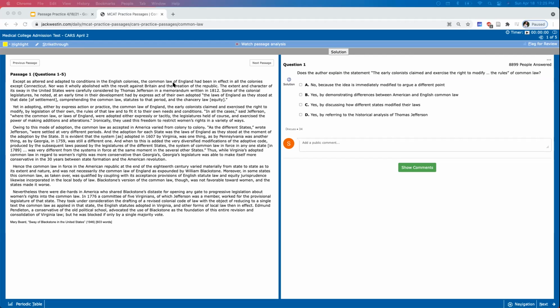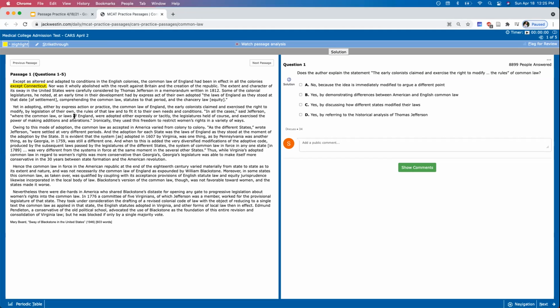So we're talking about the common law in England and how it's affected the colonies, except for Connecticut. It did not affect Connecticut. And then we are introduced to Thomas Jefferson, and he had some consideration in it. And the colonies adopted some of the laws of England and made it their own.